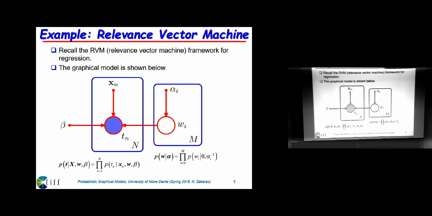And again, this plate notation does not show what type of distributions they are. So if you want to go from Gaussian to, I don't know, a Student t distribution, something like that, at this point you can do that as well. So this is a little bit more generic. Okay, so that's the plate notation.